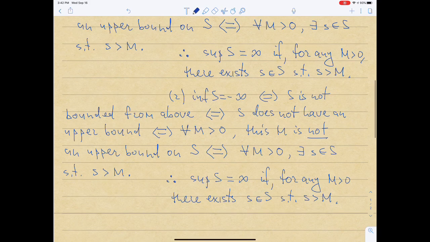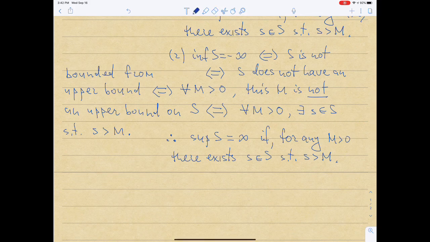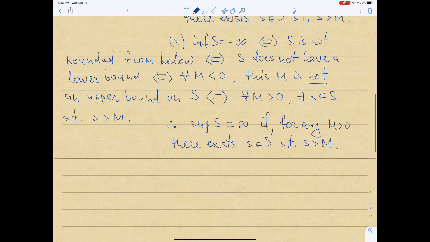What does it mean? It means that S is not bounded from below, which means that S does not have a lower bound. Which says that if I take any m which is negative, then this m is not a lower bound.